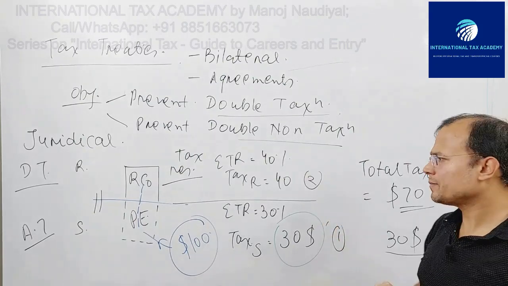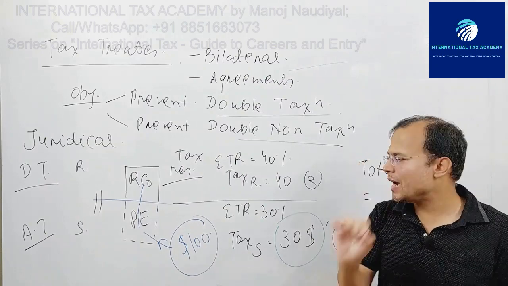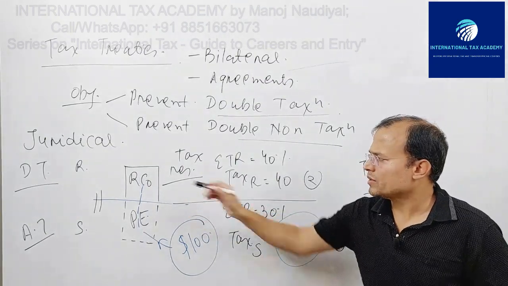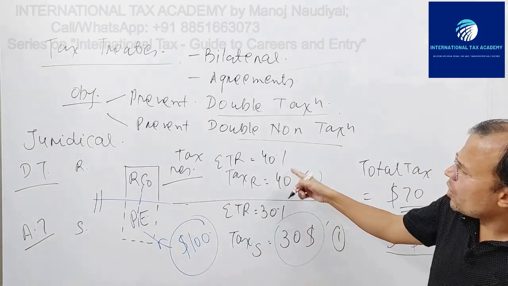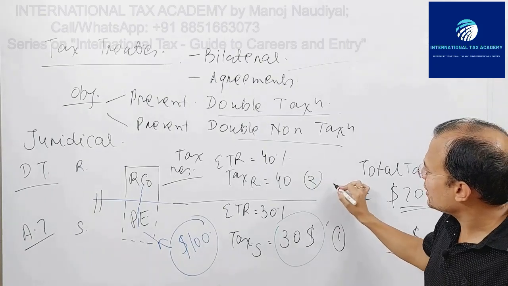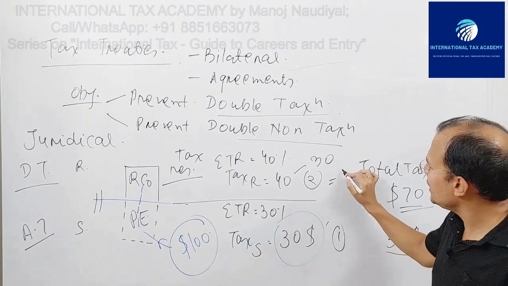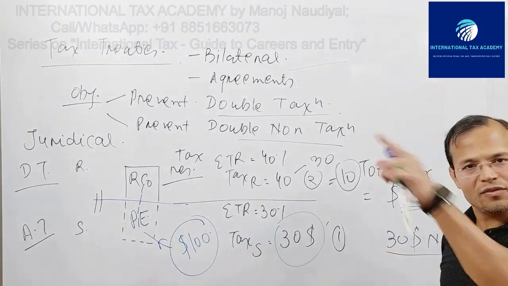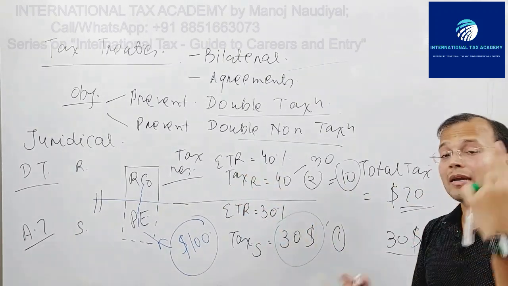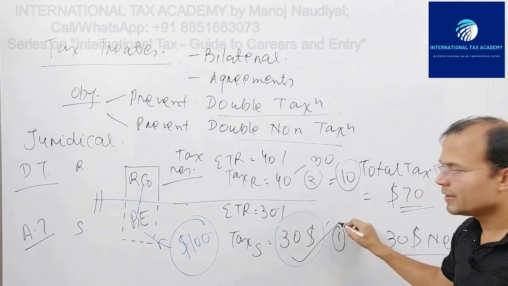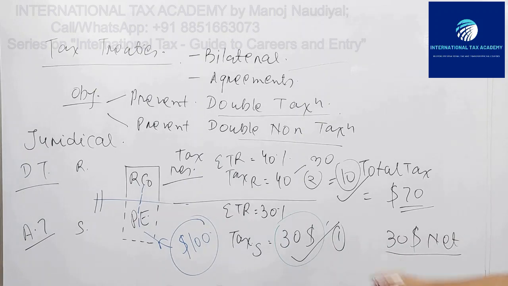One of the ways can be that R simply says, okay fine, RCO, what is the amount of tax that you've already paid in country S? RCO says that I have already paid $30. So R would say, okay, from my tax of 40 I will deduct 30, so I will collect only 10. So the net amount of tax when there is a tax treaty between R and S would be $30 paid in S and $10 paid in R, so the total amount of tax would be 30 plus 10, that is 40.